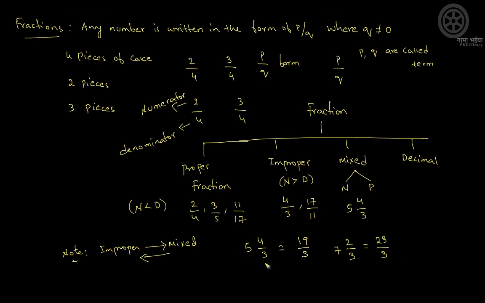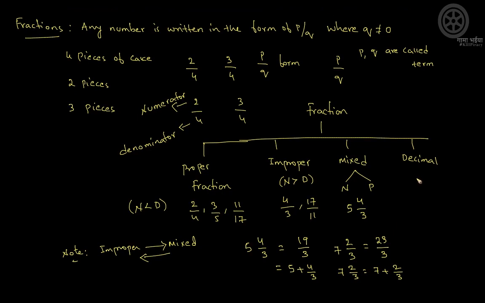This can be written in another way also. 5 4 by 3 can be written as 5 plus 4 by 3, and 7 2 by 3 can be written as 7 plus 2 by 3. This is the other way, which is useful at the time of simplifications. Now, decimal fraction.